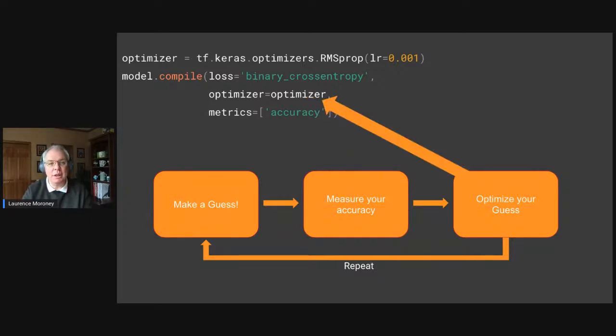And then the job of the optimizer is just to make the next guess based on your loss function. So remember, we randomly initialized our filters. A loss function then measured how accurate our guess was.